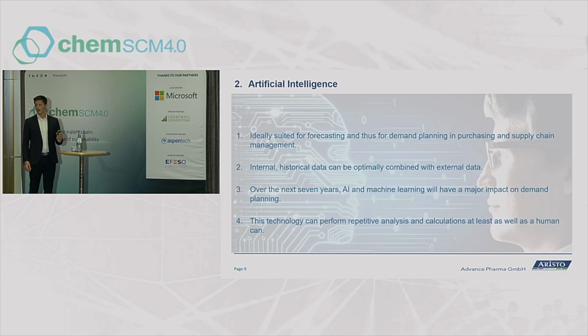Both the artificial intelligence and the machine learning will definitely, sooner or later, take over the demand planning activities. They are made for those kind of activities. And if we give them external data as well, they have much more access to data than we will ever have, and therefore make more accurate decisions in planning.